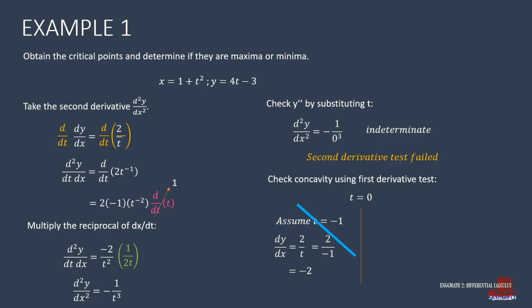A negative slope rises to the left. Do the same on the right side. Assume t as positive 1. So dy over dx is then 2 over t, which is then 2 over positive 1, or 2. The slope now rises to the right. So from the illustrations, we can then deduce that the critical point is a minima.